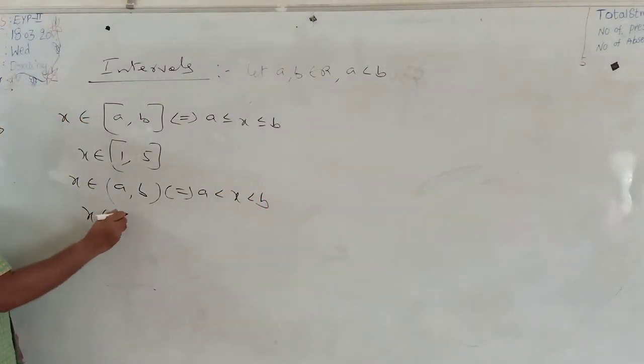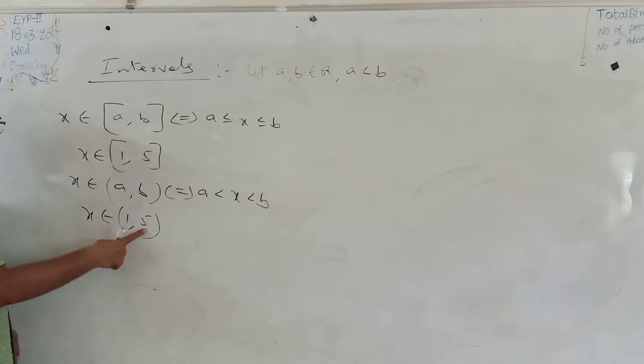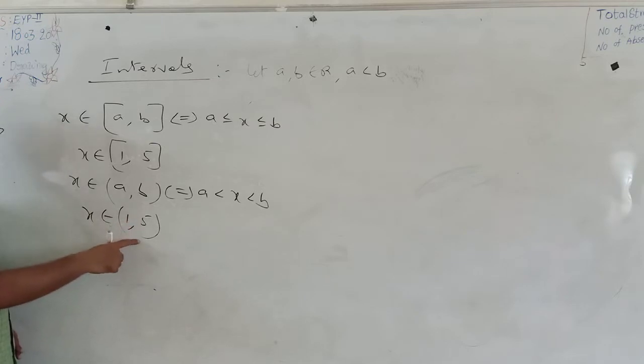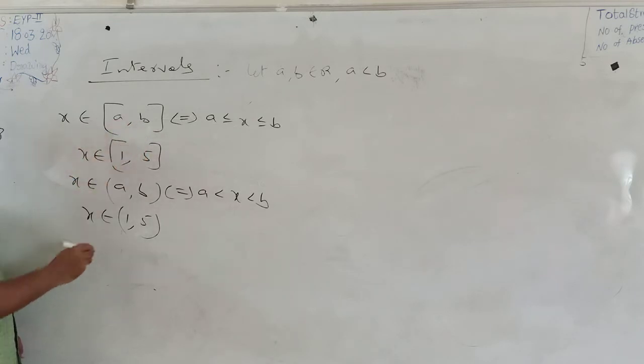For example, x belongs to the open interval of 1 comma 5 means x is not equal to 1, x is not equal to 5, but lies between 1 and 5, like 2, 3, 4, and not only integers. 1.00000001 also lies in this interval. 4.99999 also lies in this interval, but not equal to 5. X is not equal to 1. So open interval means excluding the end values.